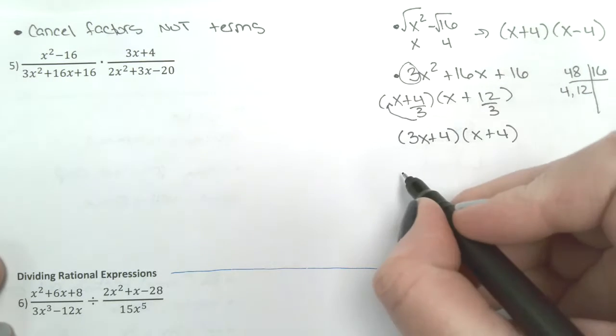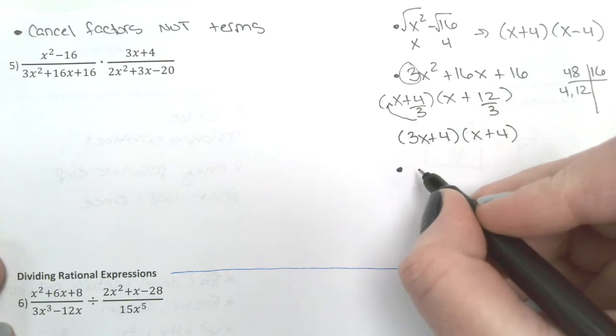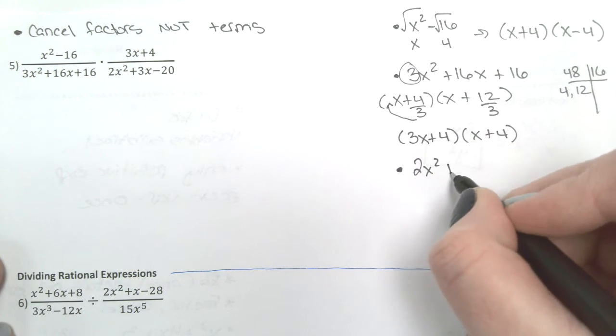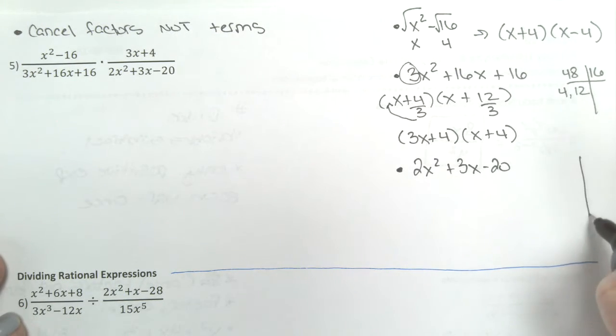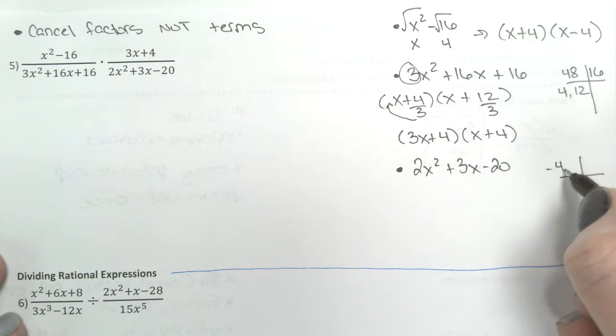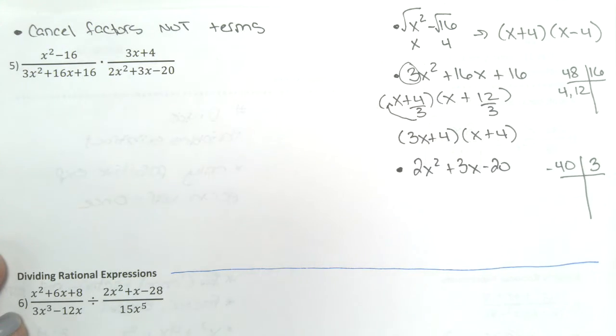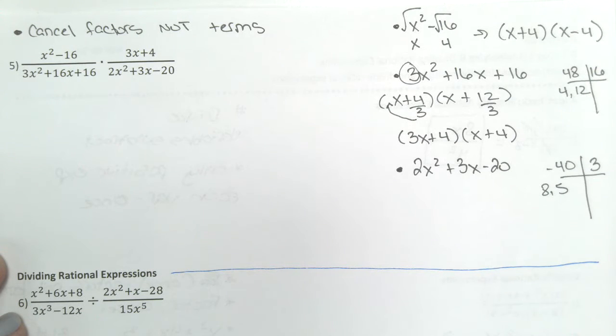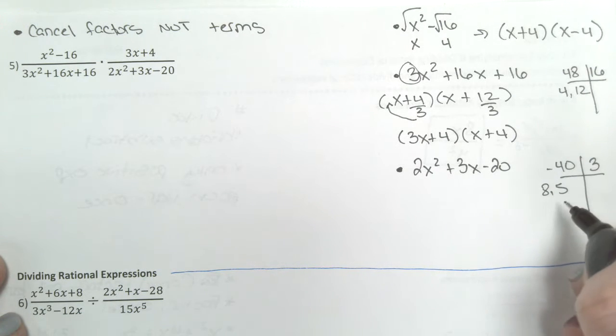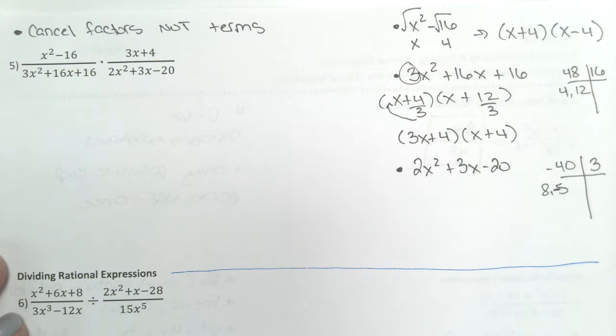And then finally, this last one. You need to factor 2x squared plus 3x minus 20. You need factors of negative 40 that add to 3. All right, so 8 times 5 is 40. It adds to positive 3, so the 5 is negative.